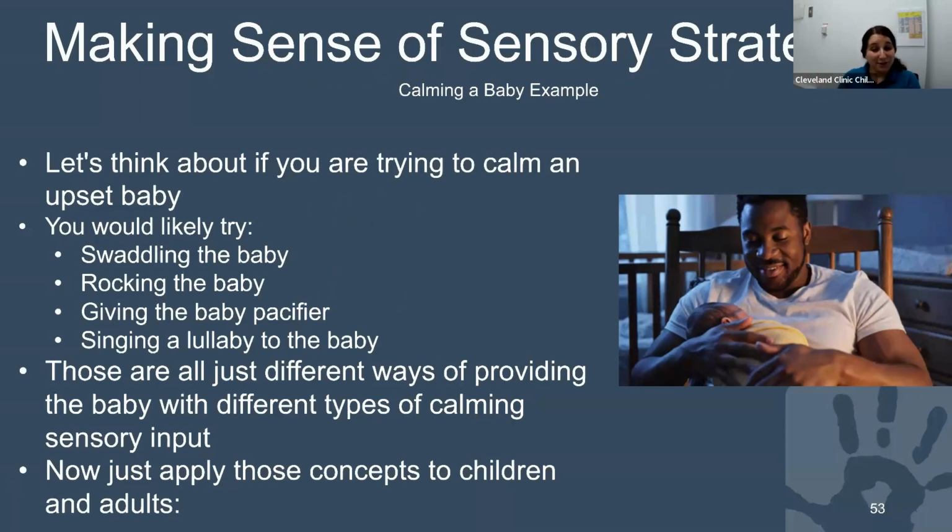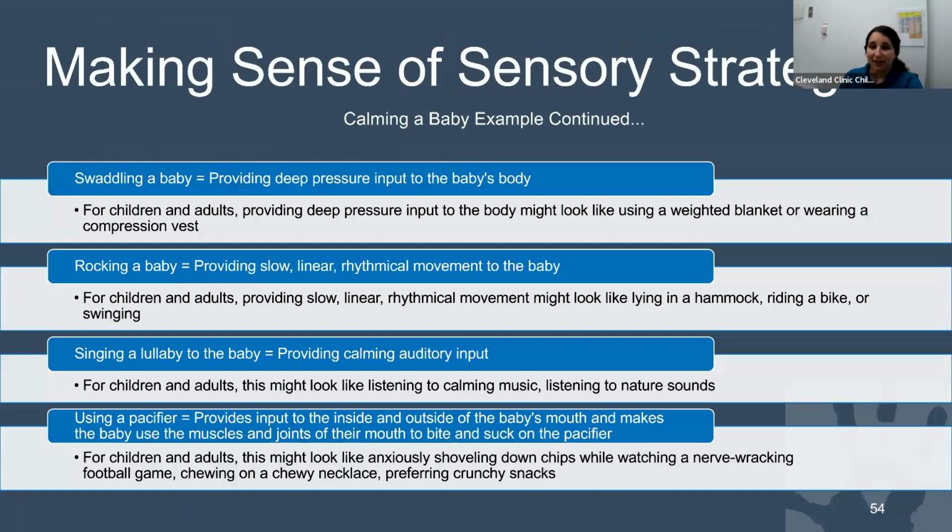In reality, what I just told you are all similar to what we just talked about. So let's think about how those would apply to you as an adult or to your child. Swaddling a baby, that's that deep pressure to the body.